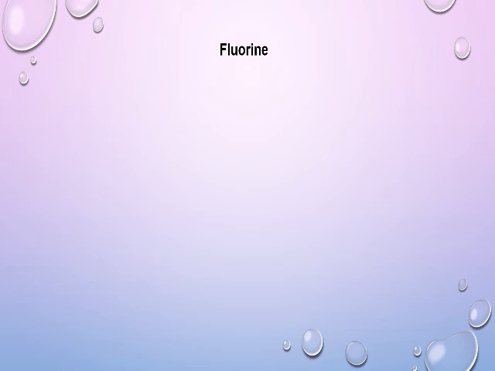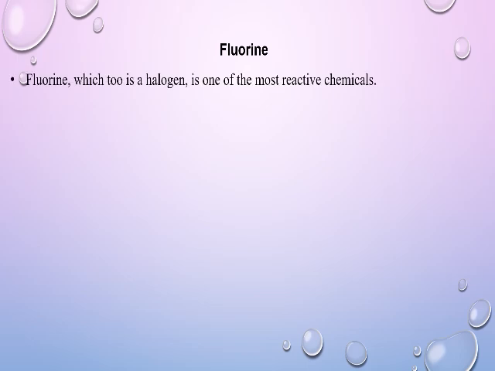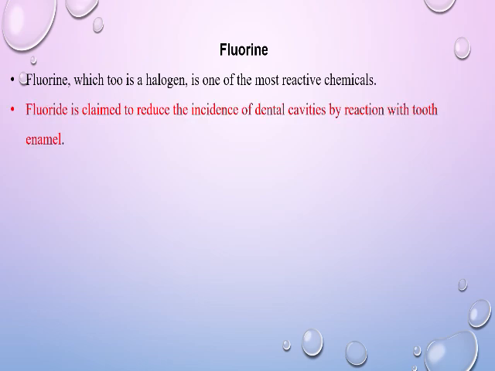The next halogen is fluorine. Fluorine too is a halogen and is one of the most reactive chemicals. Fluoride is claimed to reduce the incidence of dental cavities by reaction with tooth enamel.